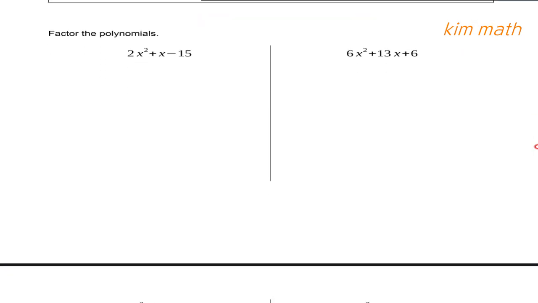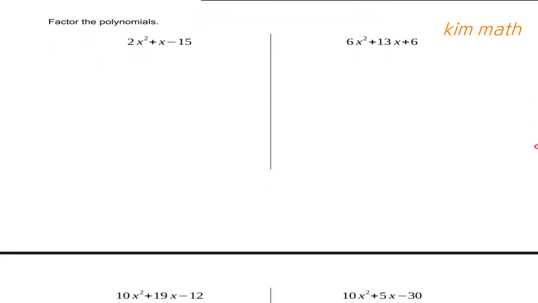practice some examples. If you have 2x squared, relatively this is fortunate because we have only x and 2x, right? Okay, so fix the left side, I mean the 2x squared part, and think of the numbers.